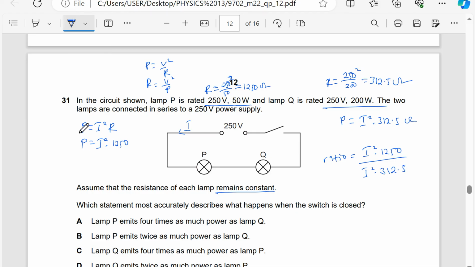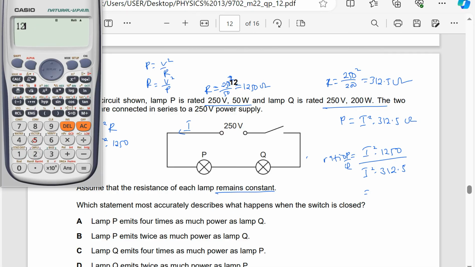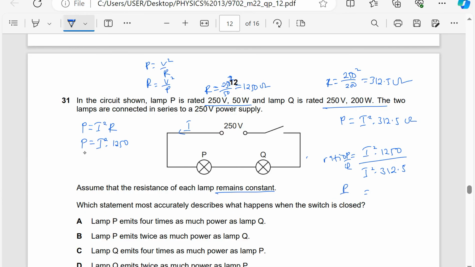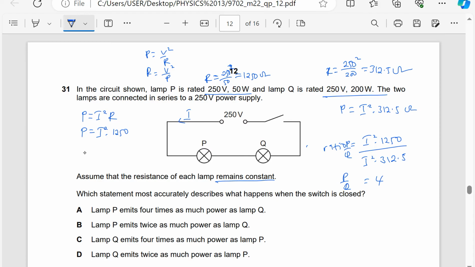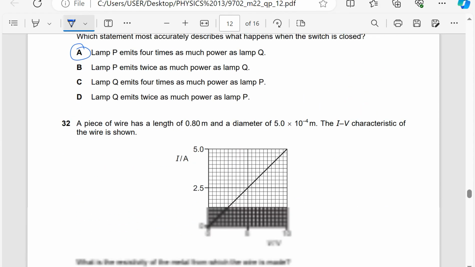So this is P over Q. I think this is automatically 4. 1250 divided by 312.5, that is 4. So the power for P over Q is equal to 4. So it means power for P is 4 times power for Q. So the answer is automatically A without checking the rest.